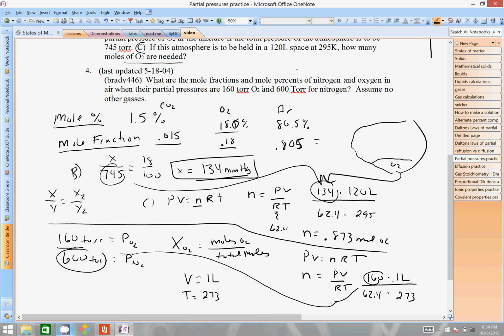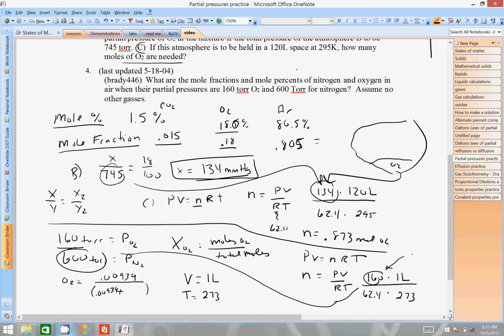Now once you have the moles of each, you would complete your formula. So let's run the math through here. My moles of O2 equals 0.00939. Now the bottom is total moles, and I need to add together the moles of both.